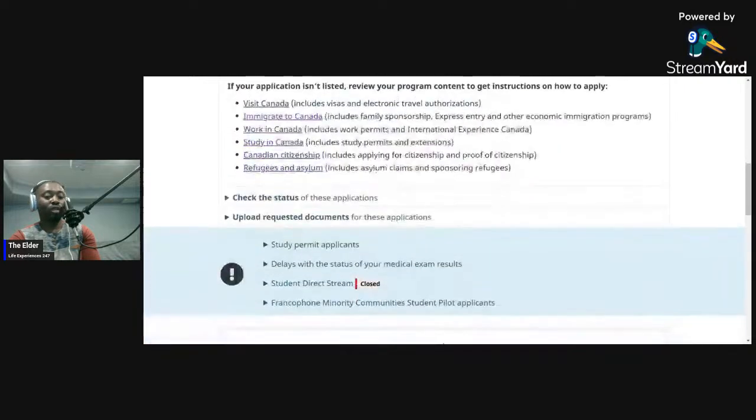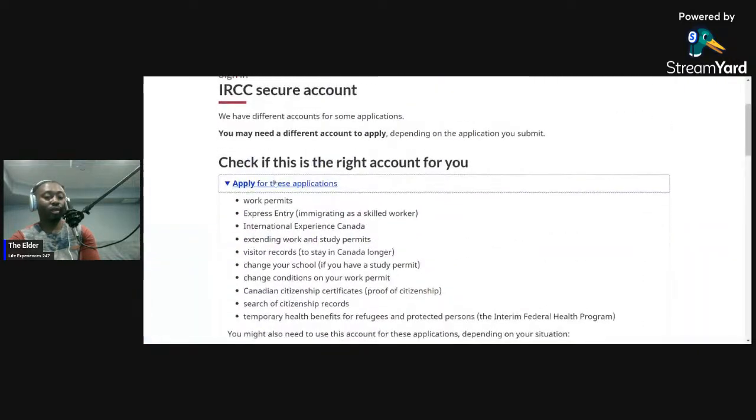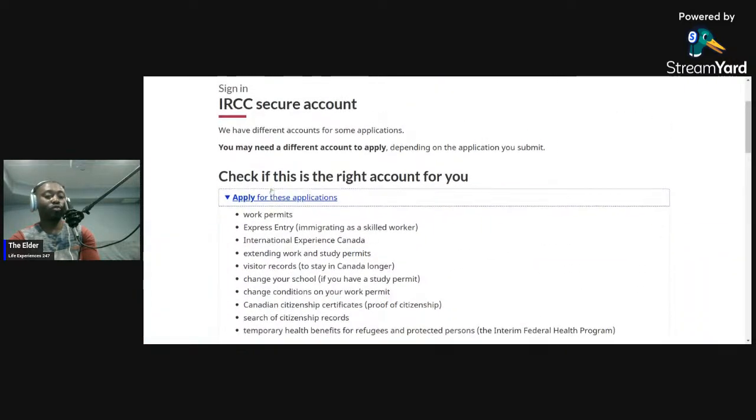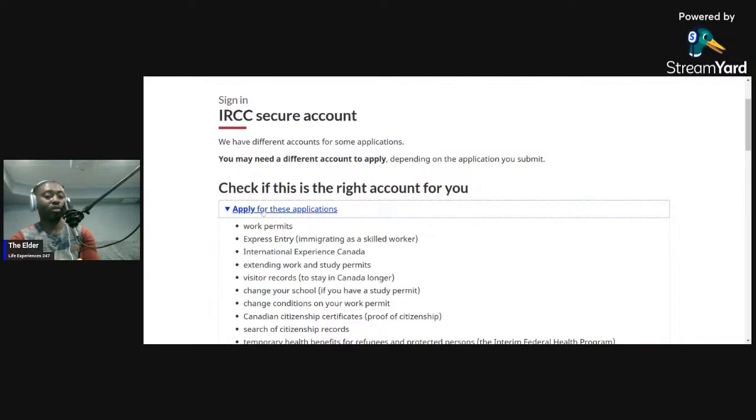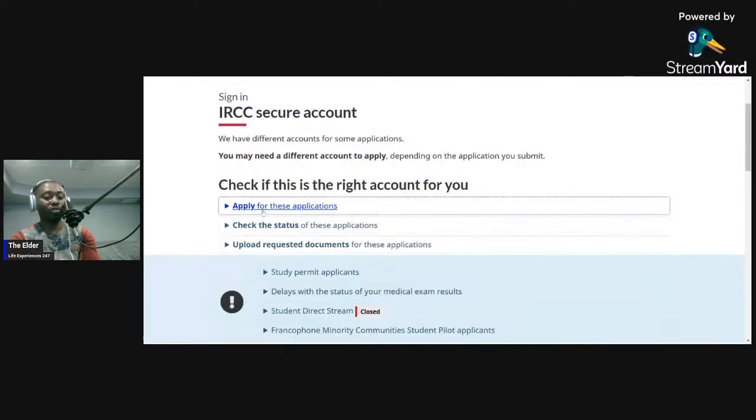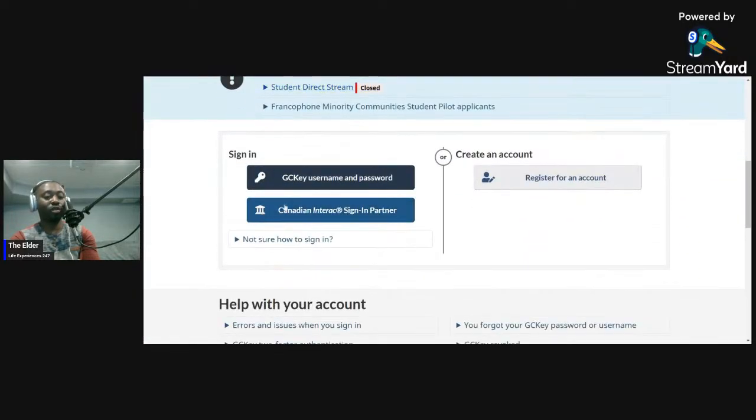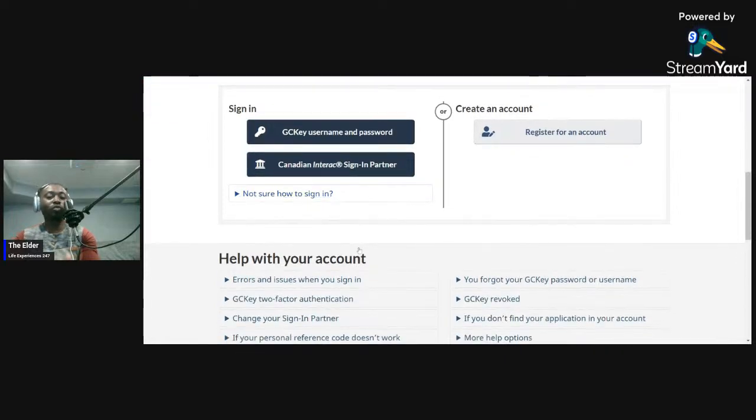These are things you can do with your IRCC account. Since we've already created one, we do not necessarily have to go through these. We are just going to sign into our account. What we created was a GC key. If you do not have an account yet, you register for an account.